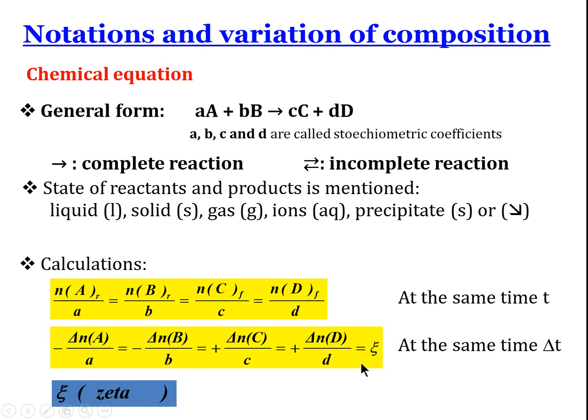Zeta, by definition, which is equal to this ratio, is the advancement of the reaction in mole at a certain time t. So if we look, for example, at these relations, the stoichiometric ratio is variable, can be applied at any instant t, and at any instant t, we have advancement of this reaction and concentration.